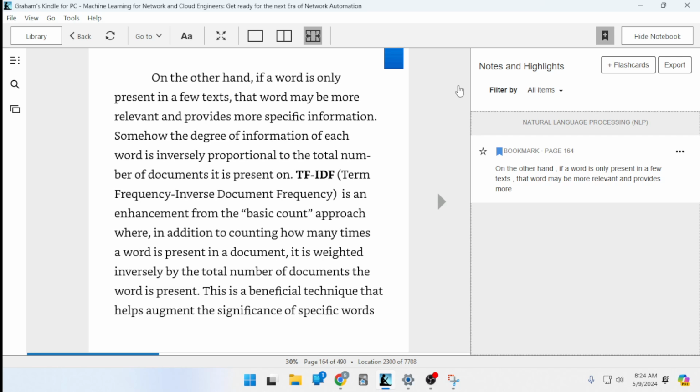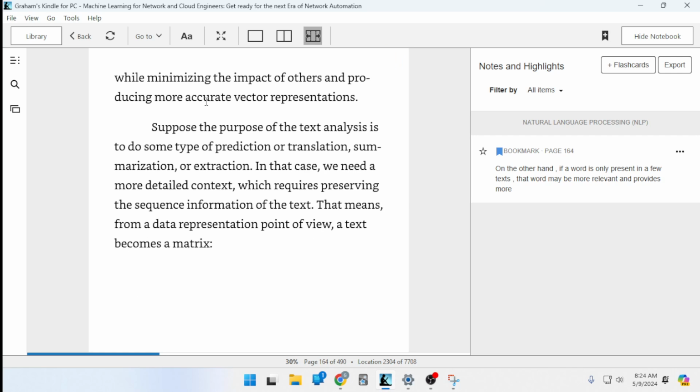TF-IDF, term frequency inverse document frequency, is an enhancement from the basic count approach where, in addition to counting how many times a word is present in a document, it is weighted inversely by the total number of documents the word is present in. This is a beneficial technique that helps augment the significance of specific words while minimizing the impact of others and producing more accurate vector representations.